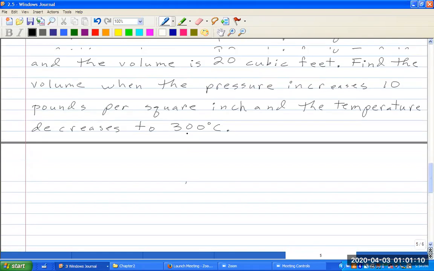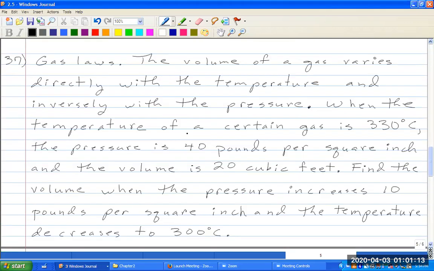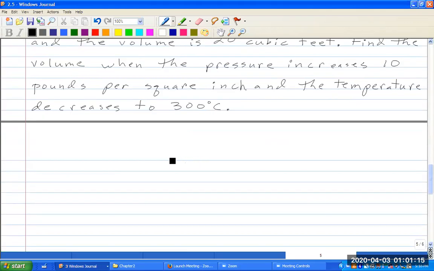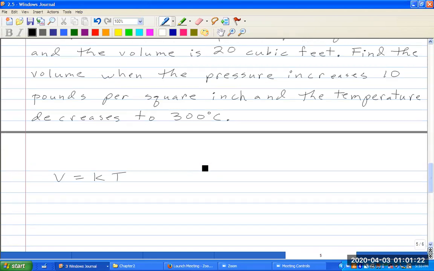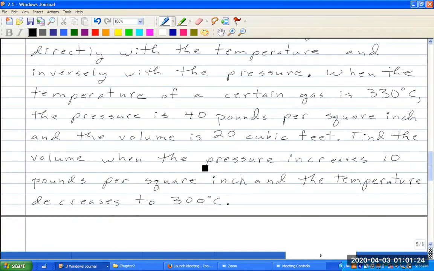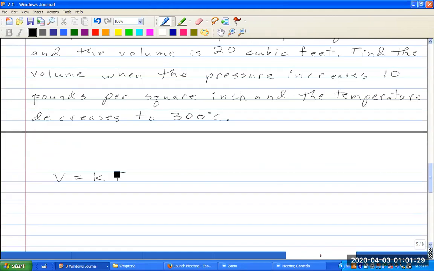So the volume varies directly as the temperature, so V is equal to k times T, the temperature, and inversely with the pressure. So V varies directly as the temperature, but inversely as the pressure.